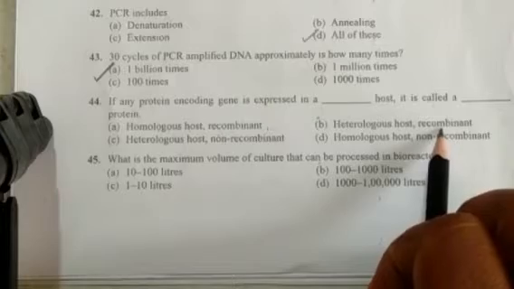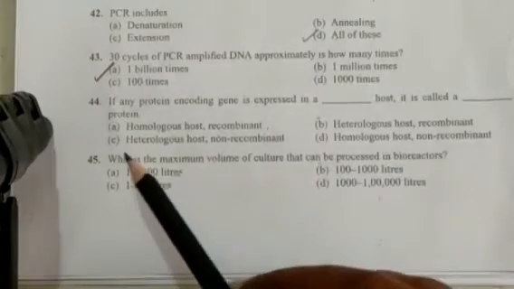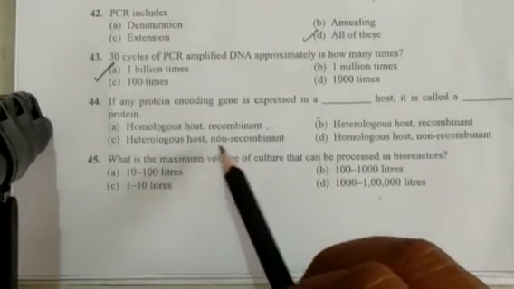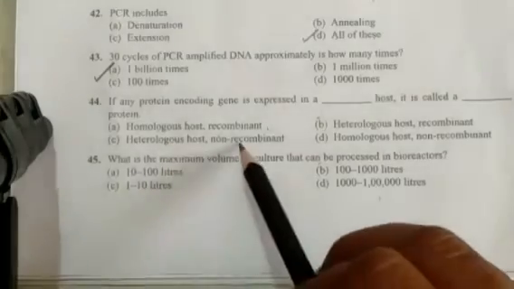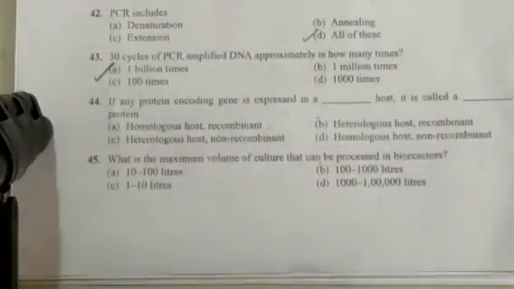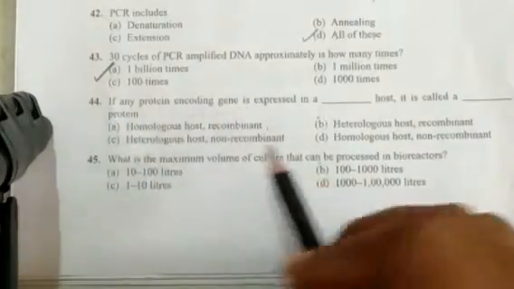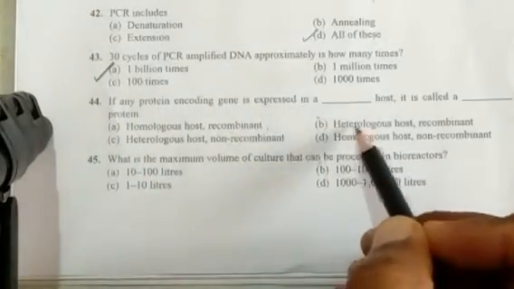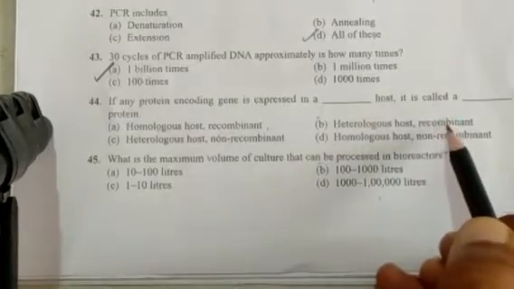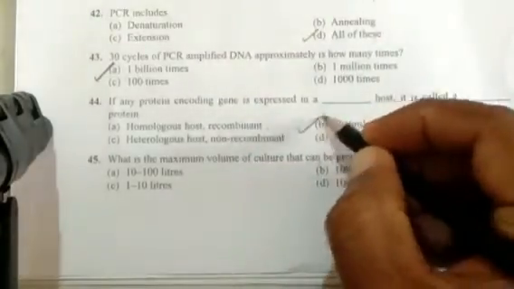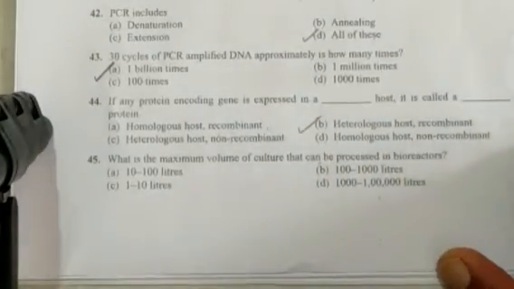We have a logic here. Heterologous host, non-recombinant: when it is heterologous, it should be recombinant. Homologous, non-recombinant. So the best option here is heterologous host. If any protein encoding gene is expressed in a heterologous host, then it is called a recombinant protein. So option B is the correct answer here.